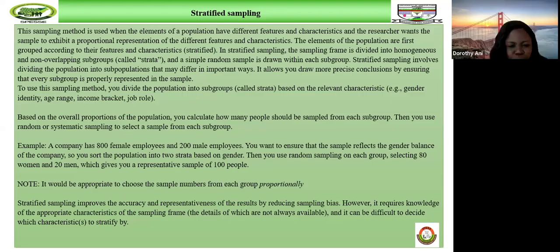So you apply 10% to 800 women, which gives 80. 10% of 200 will give you 20 men. You can see now that the equation is balanced. You are selecting 80 from female because they are more. You are selecting 20 from male because they are less. I hope I have said something.